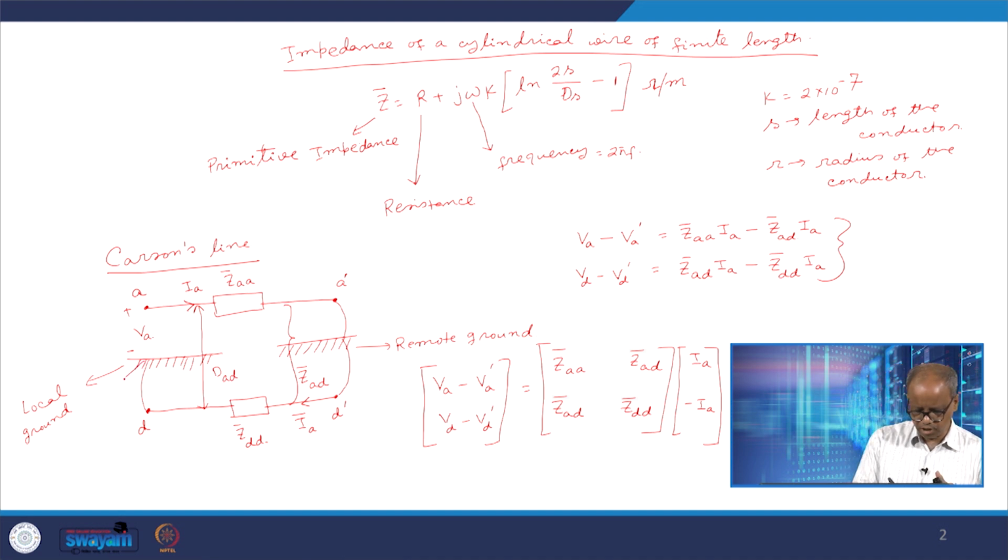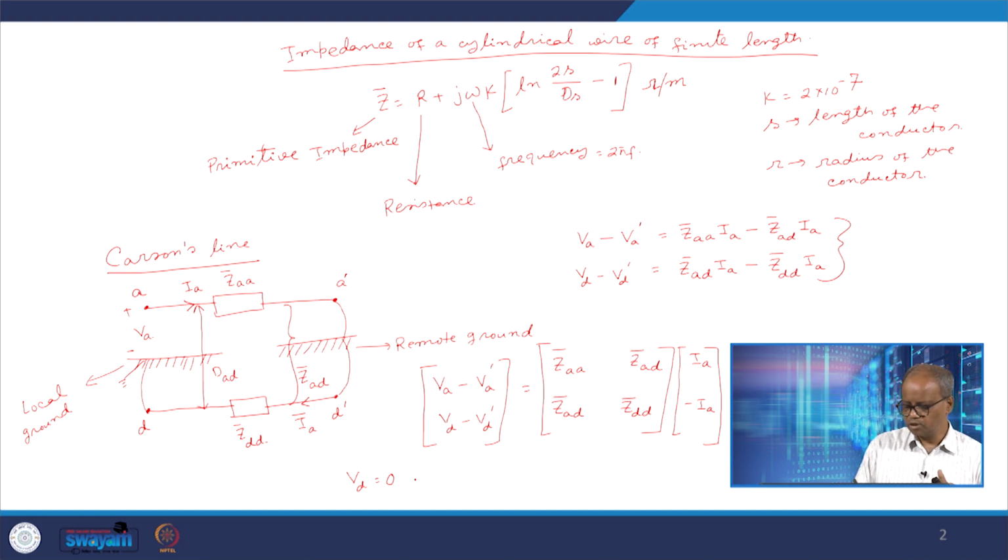Now, look at this diagram. This point we do ground. So, then therefore, I can say that Vd is equal to 0, and also we have put this conductor at such a point such that the potential of Va dash and Vd dash are equal. Basically, this particular conductor is put at such a length to ensure that the potential of Va dash and Vd dash are equal.